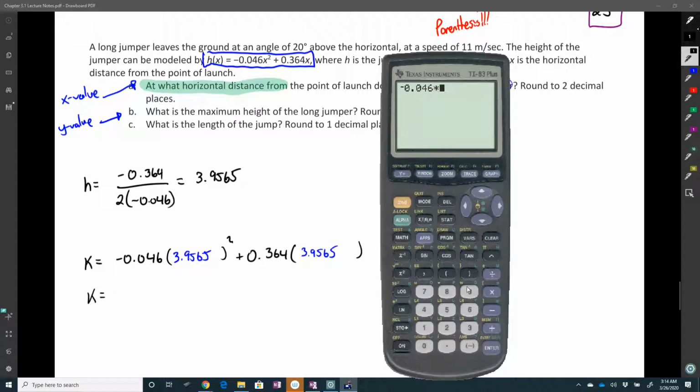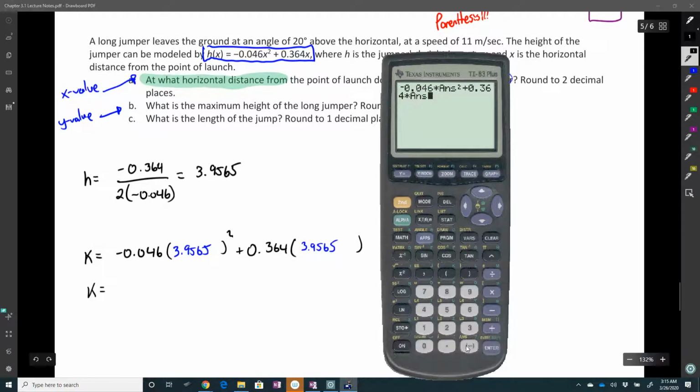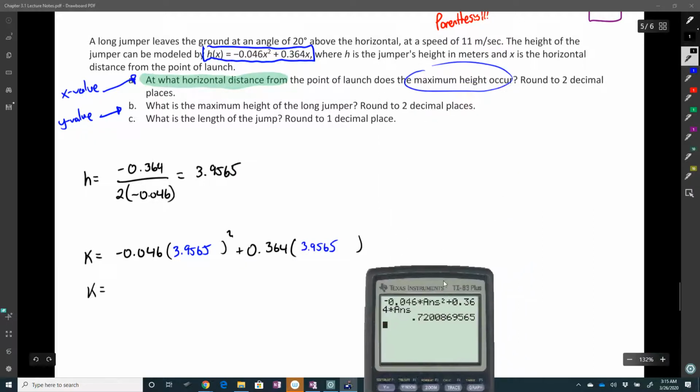So 0.046 times second answer squared plus 0.364. Oh, almost typed it in wrong. 0.364 times second answer, because I don't want to retype it again. All right, and so that's 0.72.